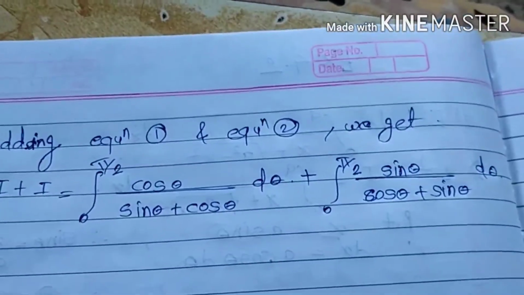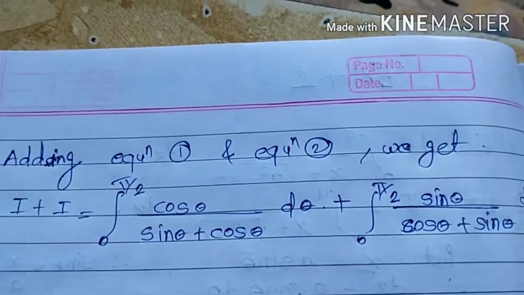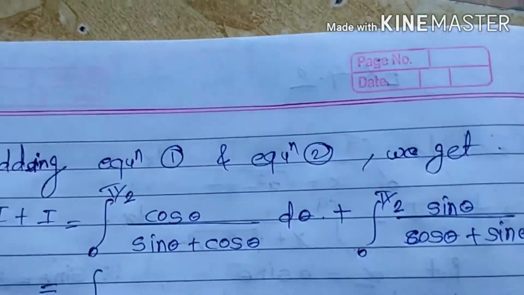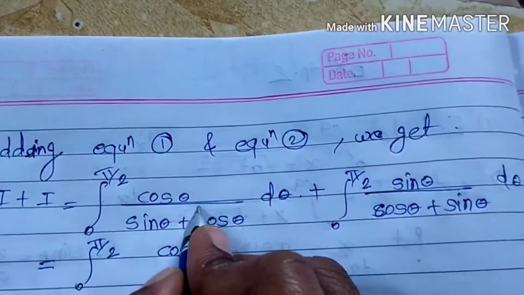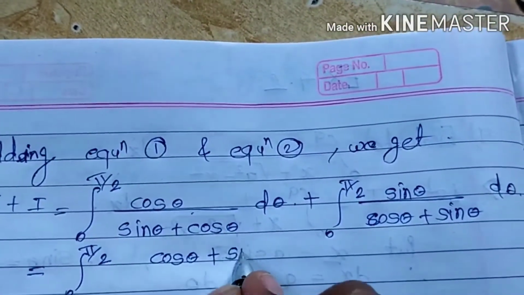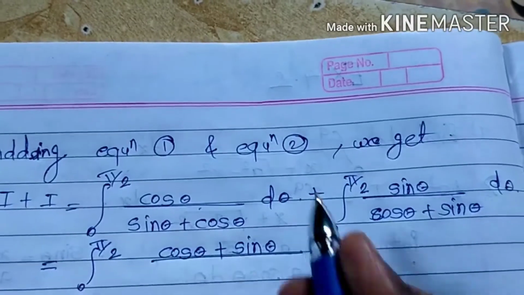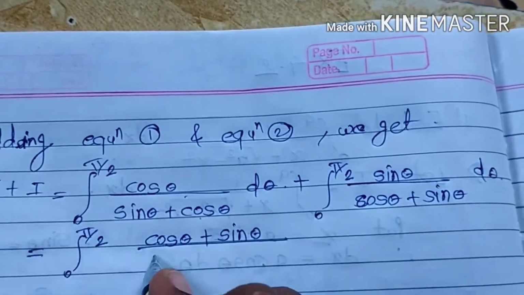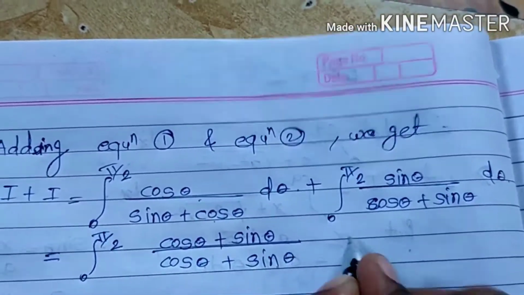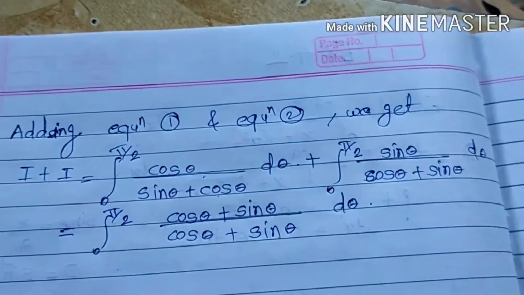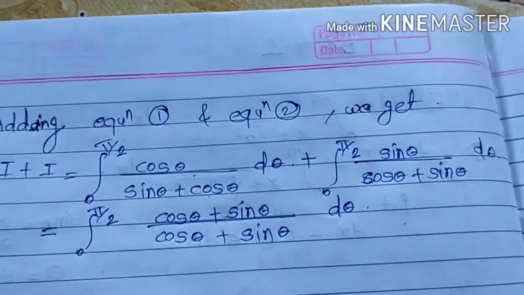Now the denominator is the same, so we can add: cos theta plus sin theta upon cos theta plus sin theta d theta. Now this is the same, so it will get cancelled.